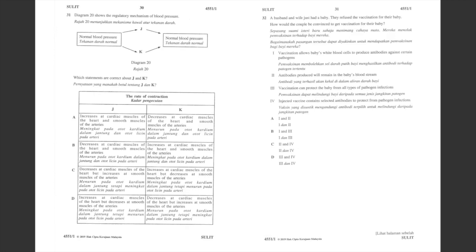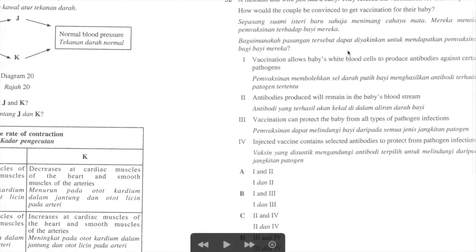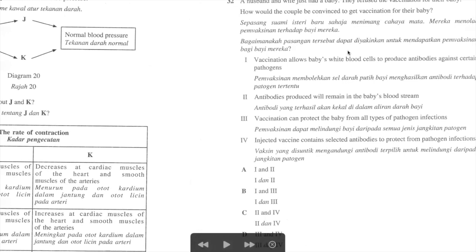Okay, let's continue with the next one. Okay, number 32. Okay, 32. Kita tengok how the couple could be convinced to get vaccination for the baby. Okay, 32. 32 jawapannya adalah A. A iaitu 1 dan 2.